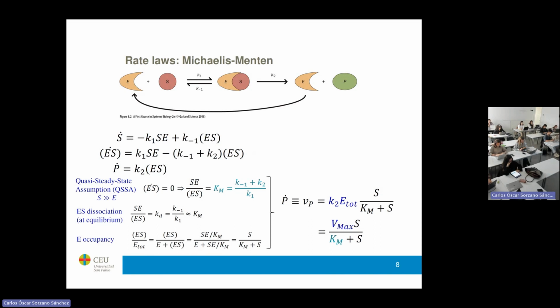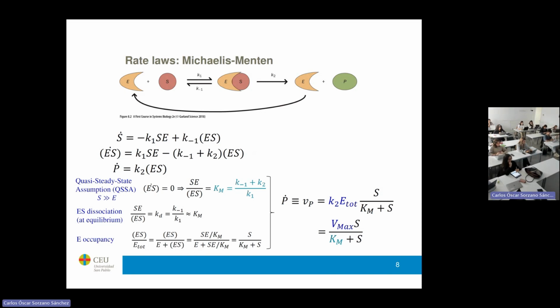So here, the total concentration of the enzyme is the free enzyme plus the enzyme that is bound. But then this one, we know from here. So yes, you can substitute. So you can solve here for ES. The Km will appear. And now you can divide by E, and you have this thing.